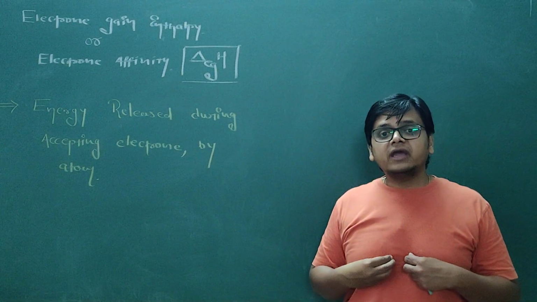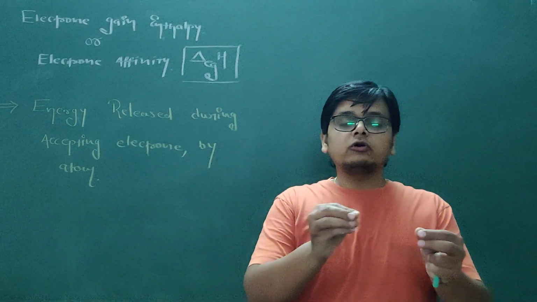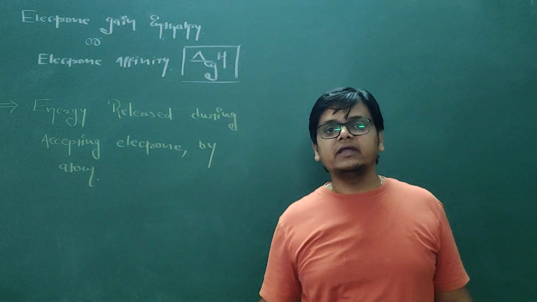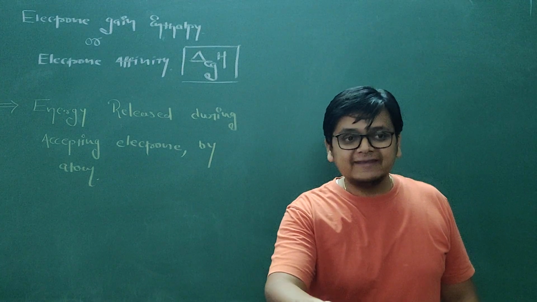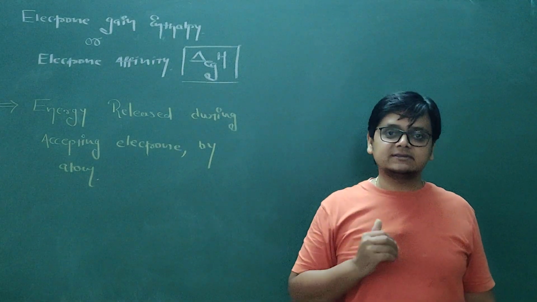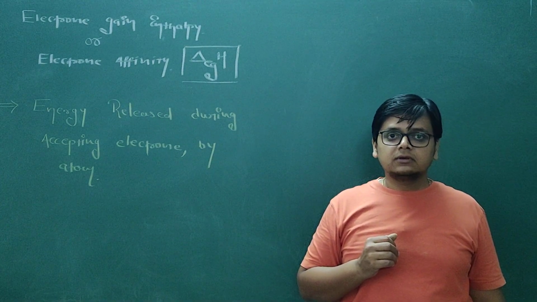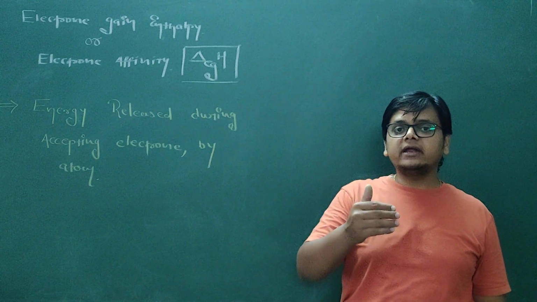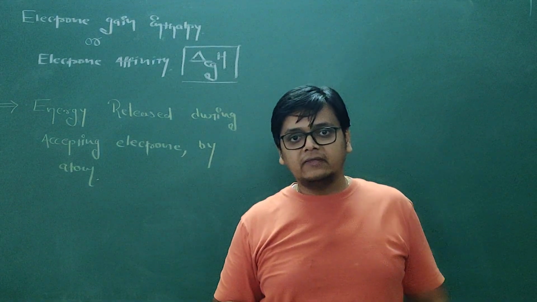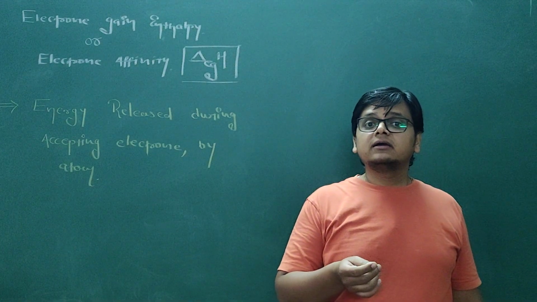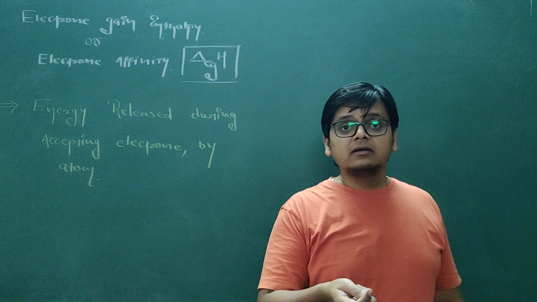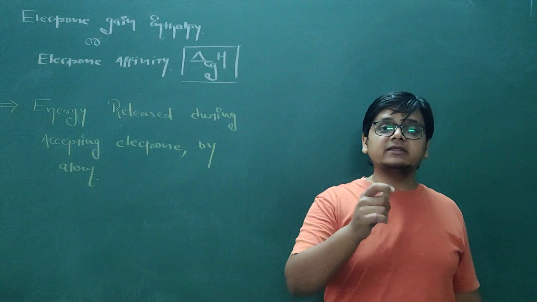See, we are providing an electron to the atom, and the atom is giving energy back to us. So we provide an electron to the atom, and the atom becomes negatively charged, and in return the energy gets released by the atom.